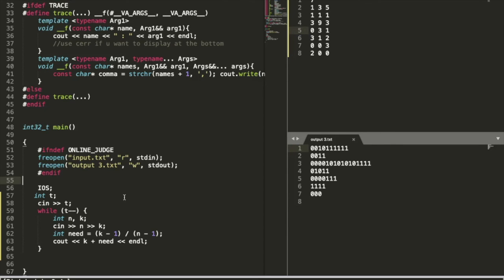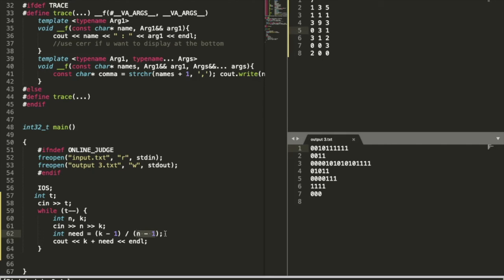The coding part of this question is very small. I have initialized the variable t to handle the test cases, and n and k, the kth number we have to find. After that, I have calculated the number which we have to add to k. If I use k minus 1 divided by n minus 1, then we don't need to calculate segment minus 1.